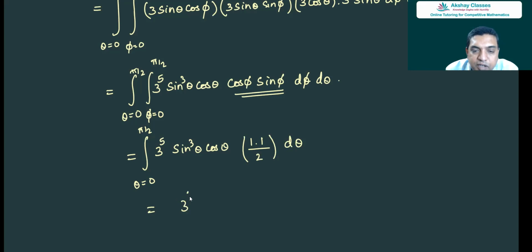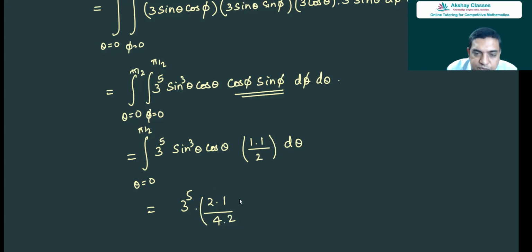Now Wallis formula for the other, we get 3 minus 1 is 2 into 1 by 3 plus 1, 4 into 2.